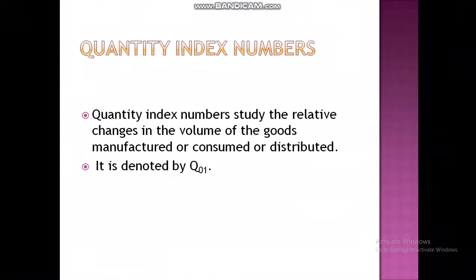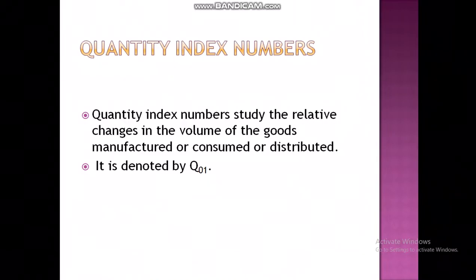Quantity index number actually measures the relative changes in the volume of goods manufactured or consumed or distributed. That means this quantity index number tells us how the quantity has changed from base period to current period.